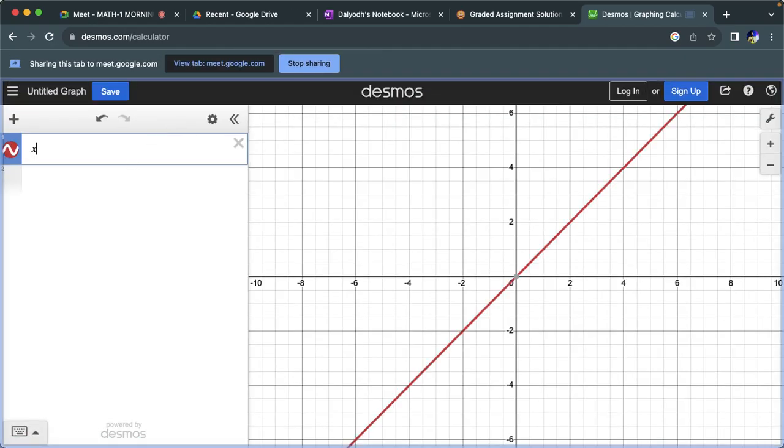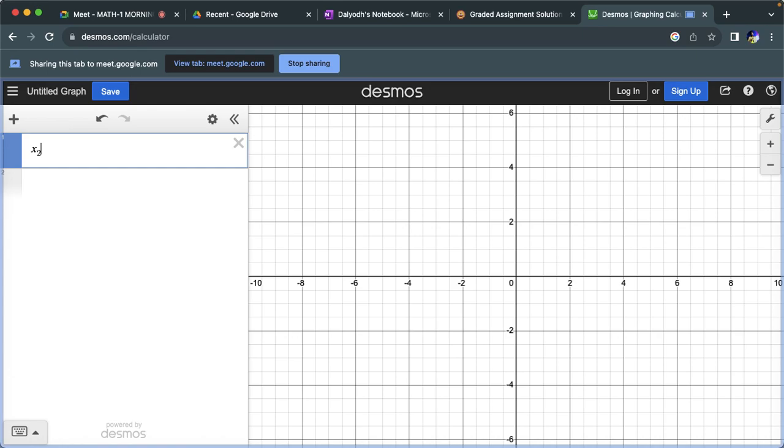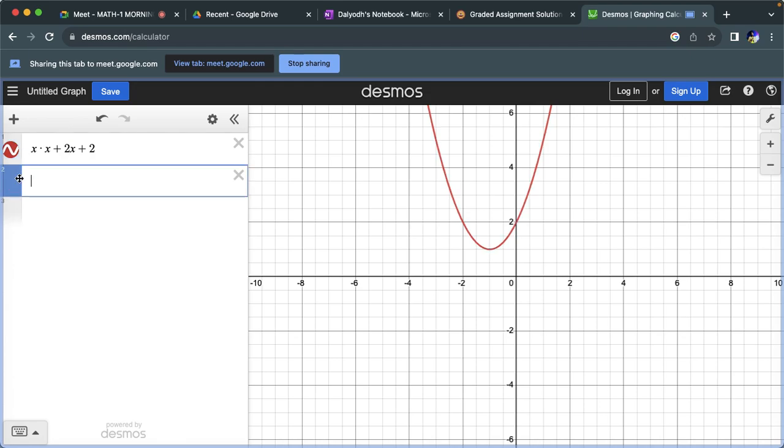Let me draw x cube or x square, right? And let me draw 2x plus c. A linear function is just a straight line, and a and b could be anything, right?